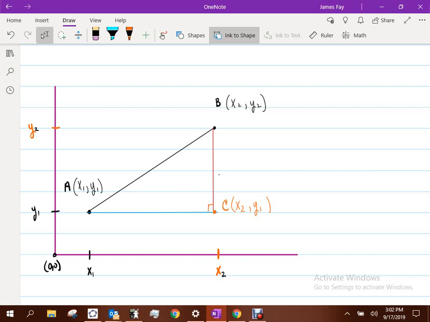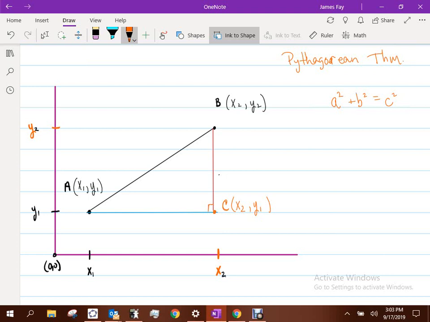Absolutely. A squared plus B squared equals C squared. What's that called? You guys remember Pythagorean theorem? Okay, a squared plus b squared equals c squared, right?